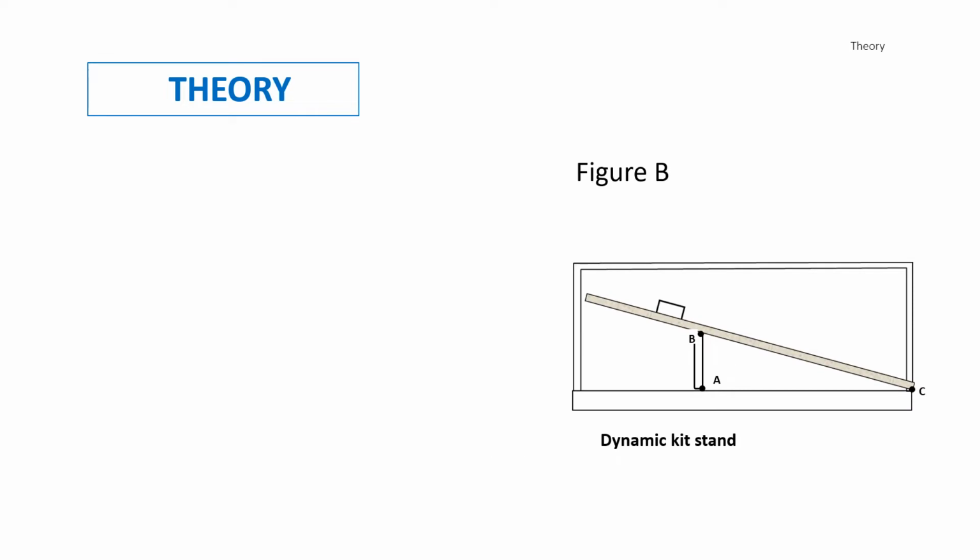In figure B, the surface is inclined. The figure shows the dynamic kit stand, the slider that makes the surface inclined, with points A to B as the height of the slider, and points A to C is the distance from the slider to the end of the inclined plane.